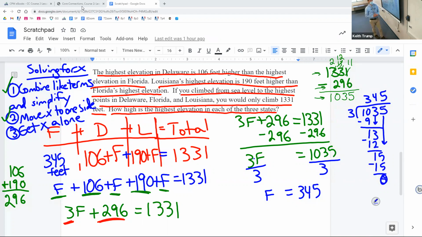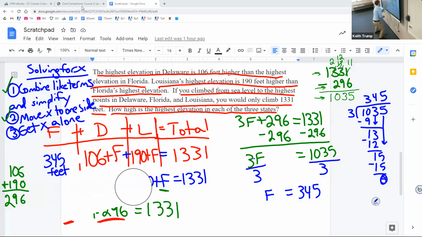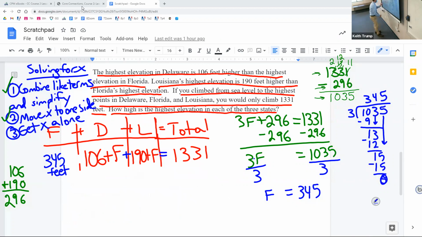If Florida is 345 feet, then Delaware is 106 plus 345. I'm going to erase this and show my work for that right here. 106 plus 345. This is going to be 451 feet.